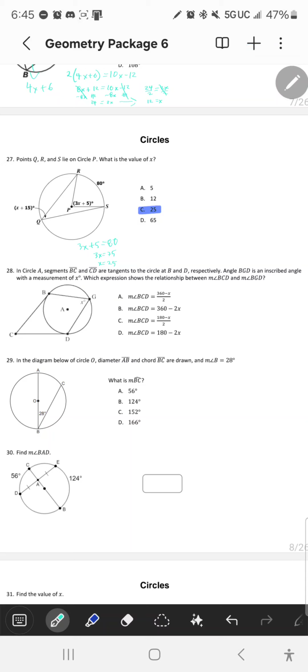So this one is a complex exercise, but let's go step by step.